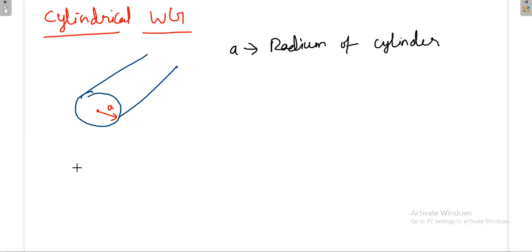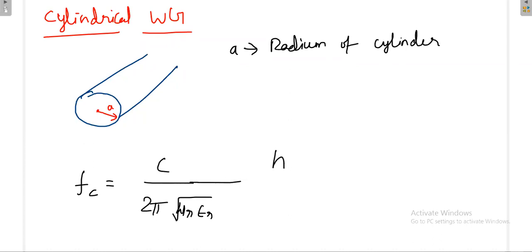Now, for the dominant mode, what is the nature of the cutoff frequency in a cylindrical waveguide? It may be a TE mode or a TM mode. The cutoff frequency is c divided by 2 pi root of mu r epsilon r, then some new constant, ha mn.